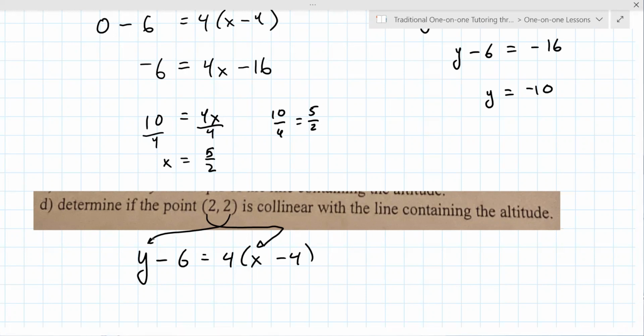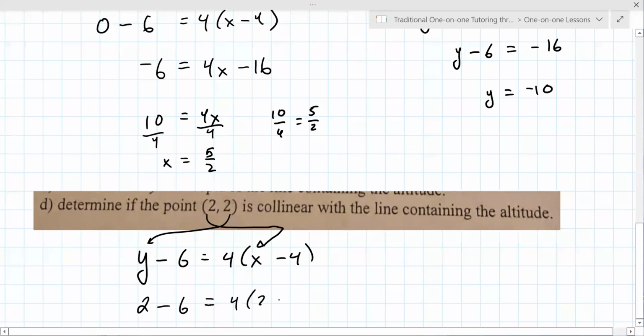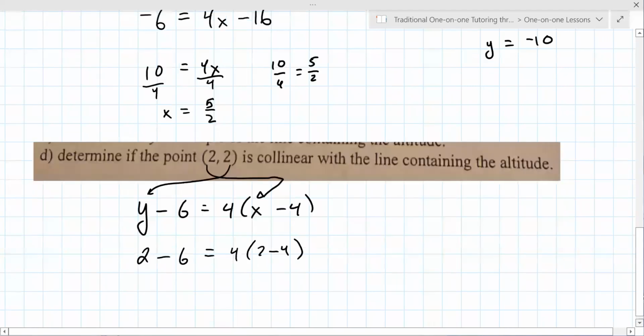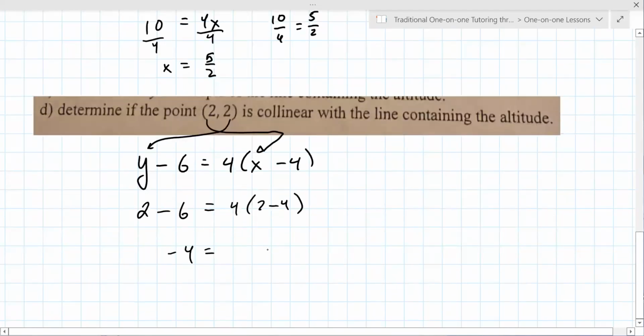Then that would be -4 equals 8 minus 16, and then that would equal negative 4. How about on the right? It would be 8 and then minus 4.